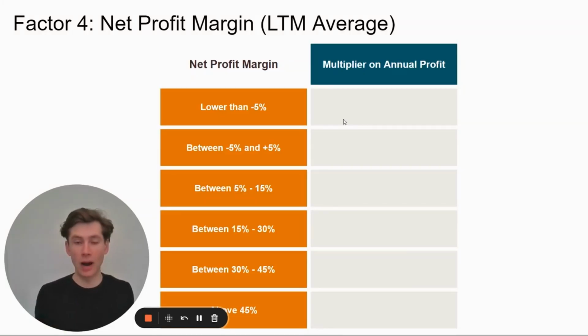So first of all, first category is actually if you're unprofitable. I know this in and of itself doesn't make sense because you can't multiply a negative figure to then get a valuation. I still included it here because I think there are some edge cases where you can have a great store with a clear path to profitability, and the buyer might still be very interested if that fits his or her thesis of how to turn it around.